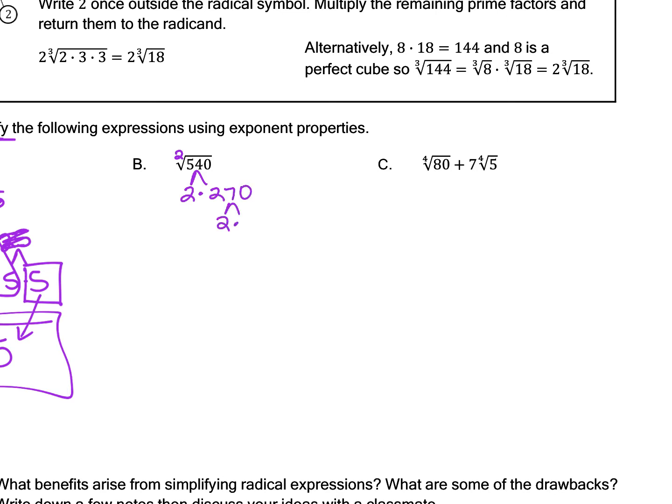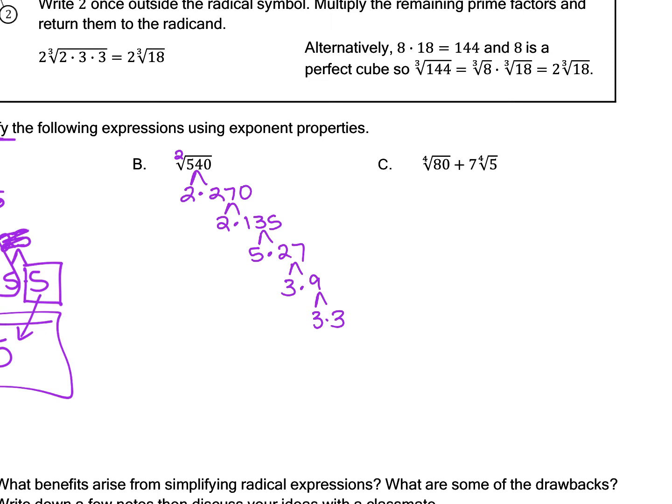Keep going. 2 times 135. So 5 will go into that. 27, and then 3 times 9, and then 3 times 3. So there's lots of ways of doing this. It doesn't really matter as long as you're doing multiples of whatever number you're looking at.